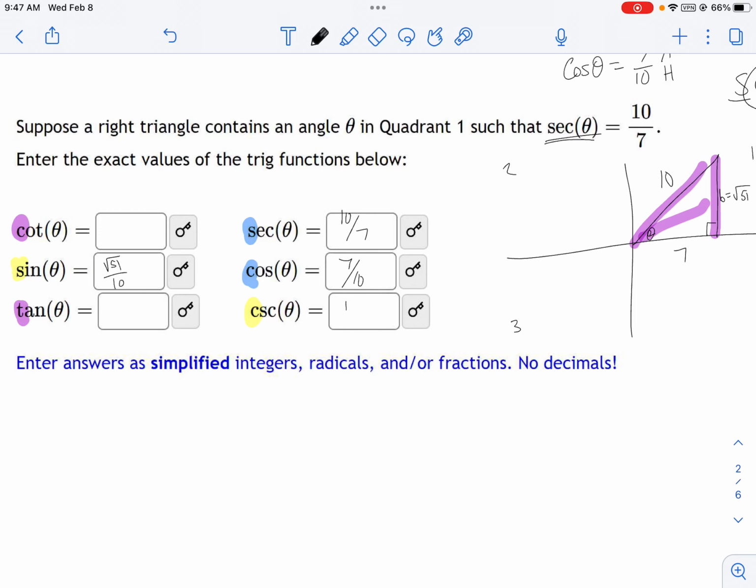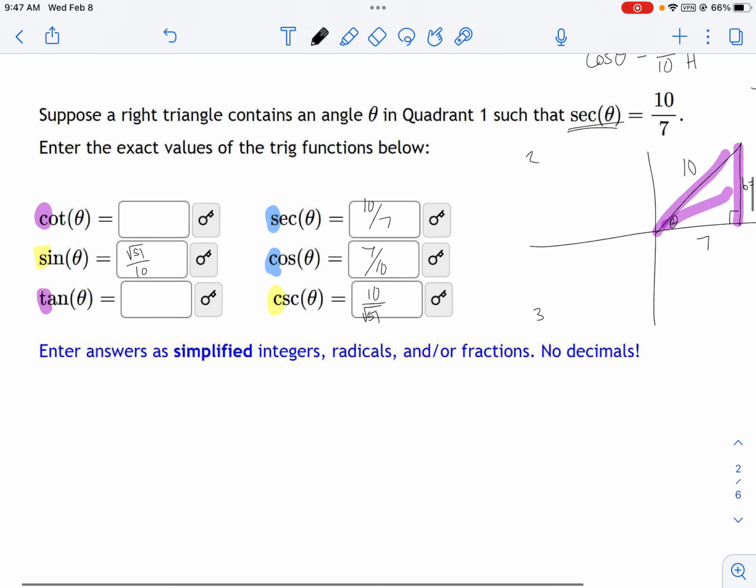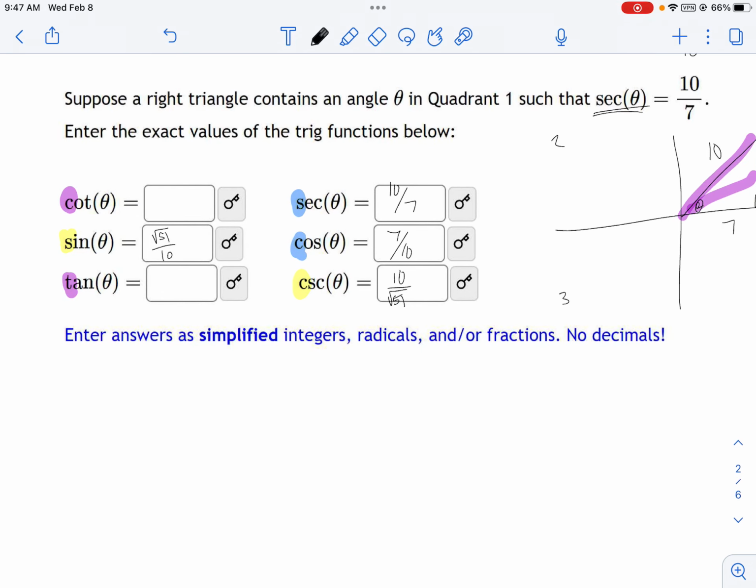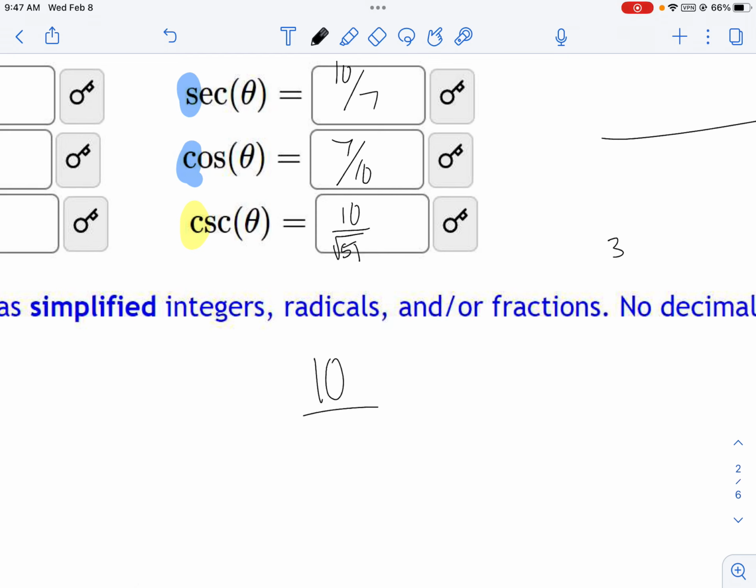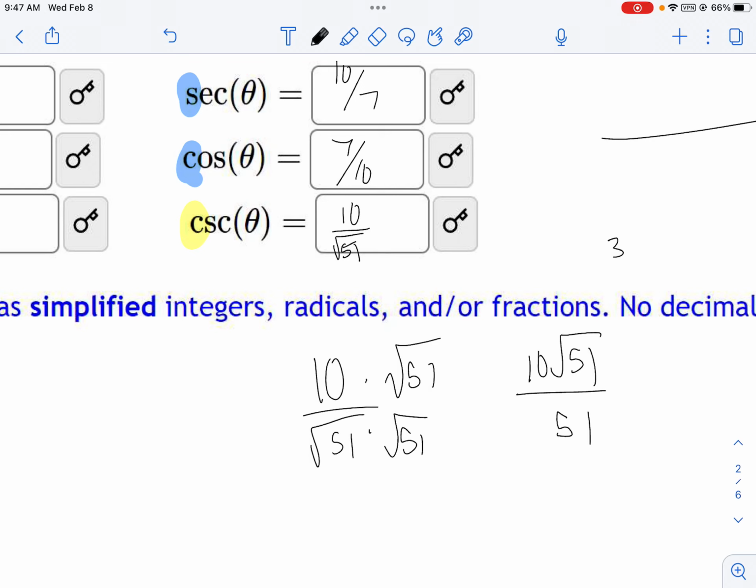That's 10 over square root 51. Just flip your fraction. If you wanted to, you could also rationalize this by multiplying root 51 to the top and bottom. Then you have 10 square root 51 over 51. You could put this in for cosecant, and that would be a correct answer as well.